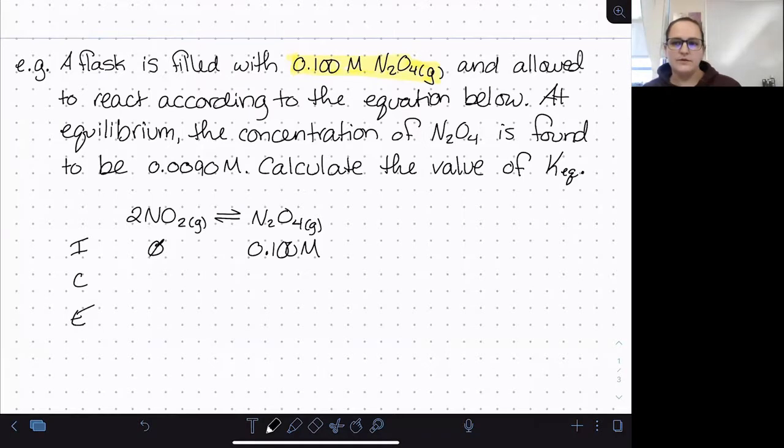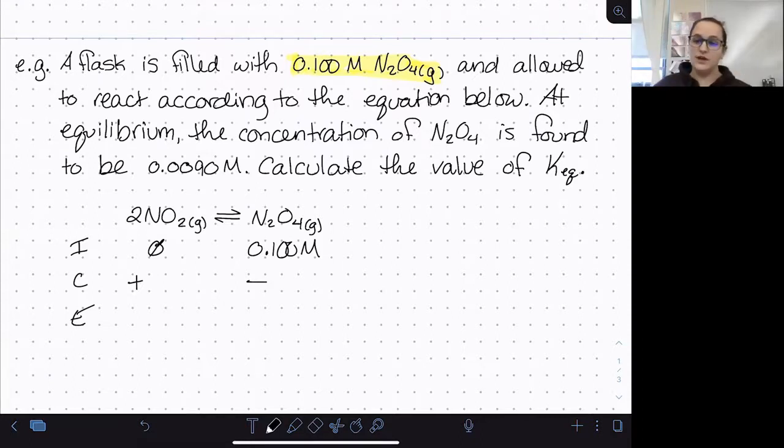We can assume we have no NO2 present since it's not mentioned. So in this case, we have no reactant present initially, which means that we're going to need to create some. So this is a reaction that's going to go in reverse, which means that our reactant concentrations are going to increase and our product concentrations are going to decrease as we approach equilibrium.